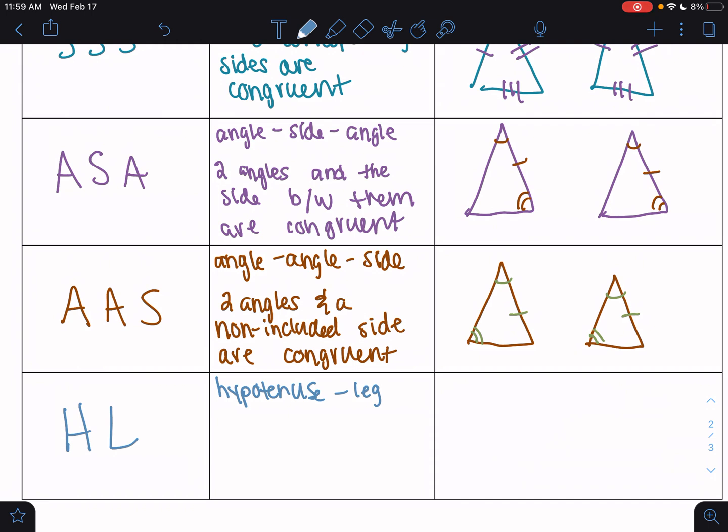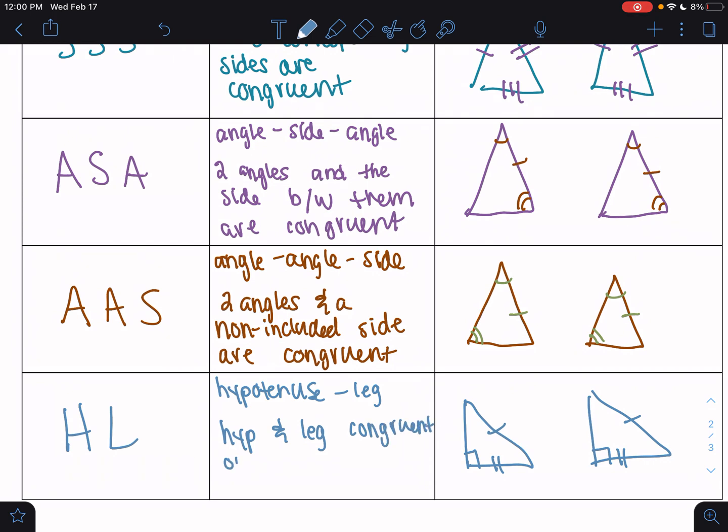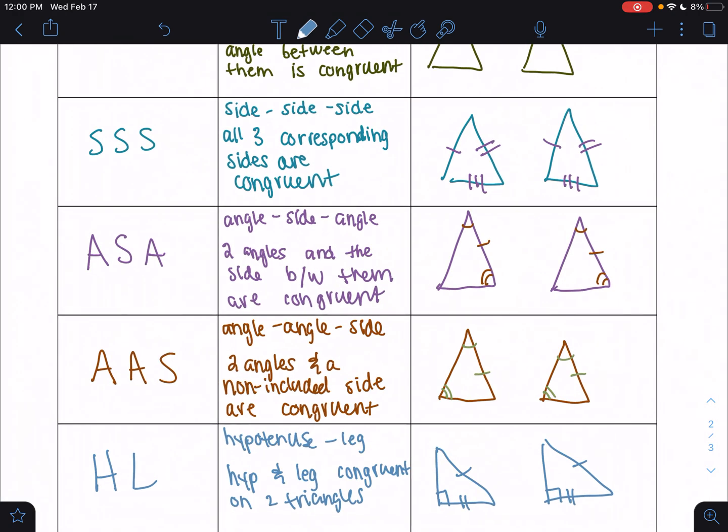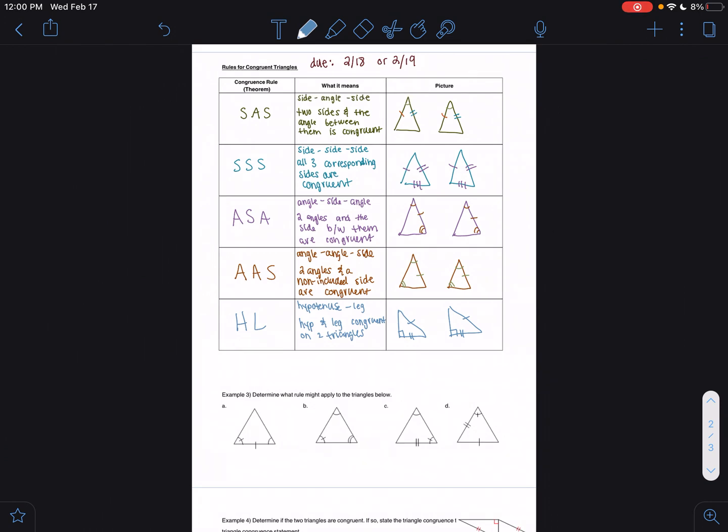And so that just means that the hypotenuse of one is congruent to the hypotenuse of another, and the leg of one is congruent to the leg of another. So these are our 5 different theorems.